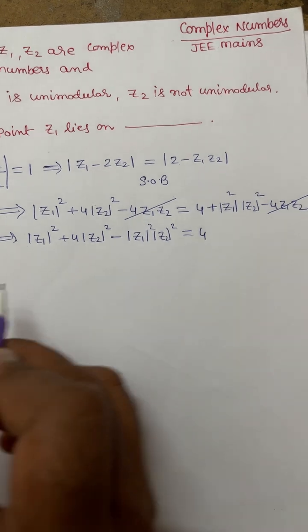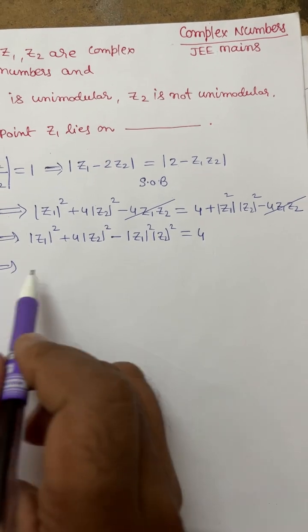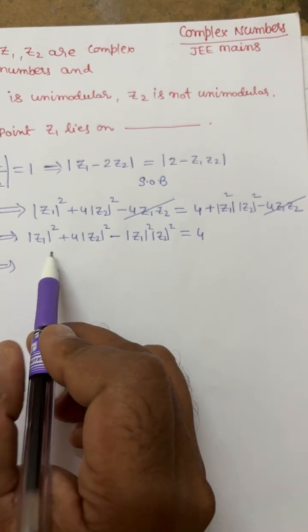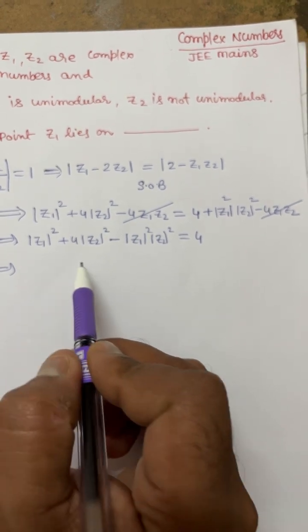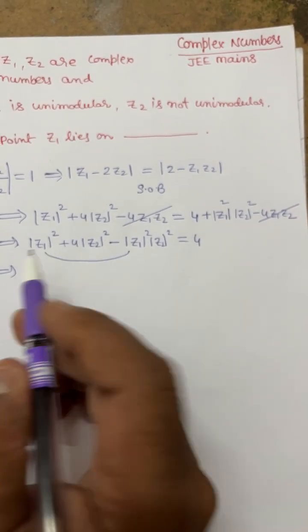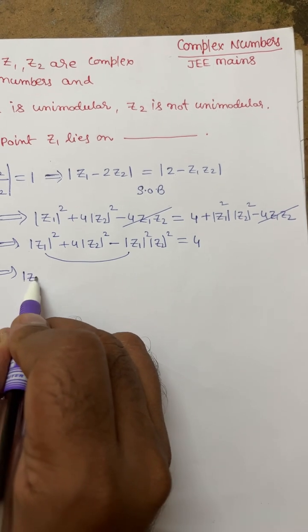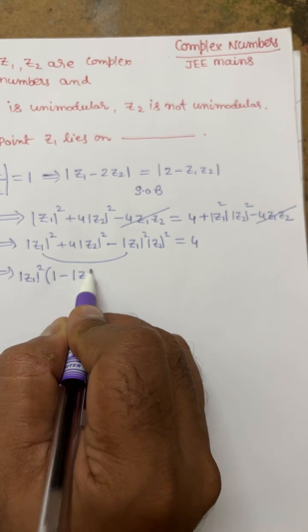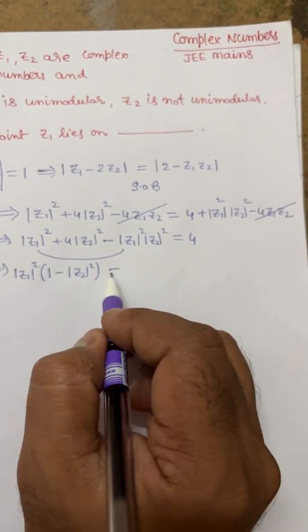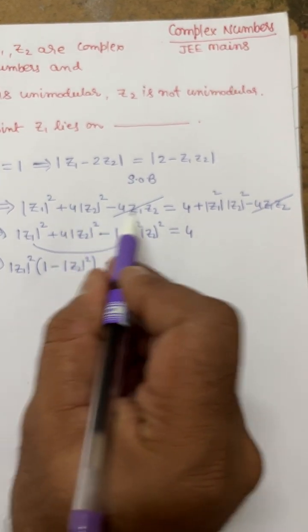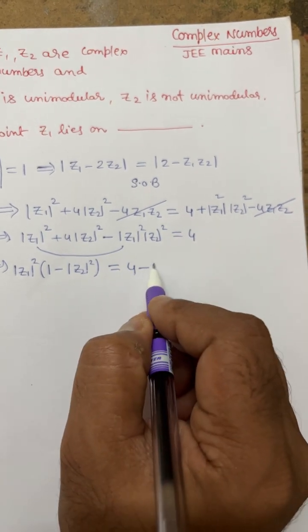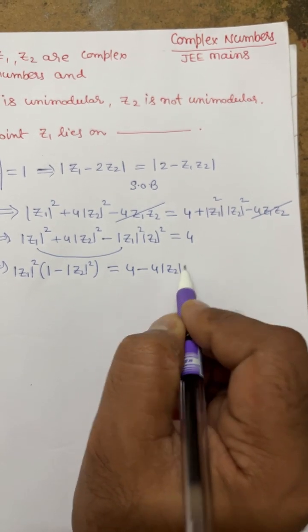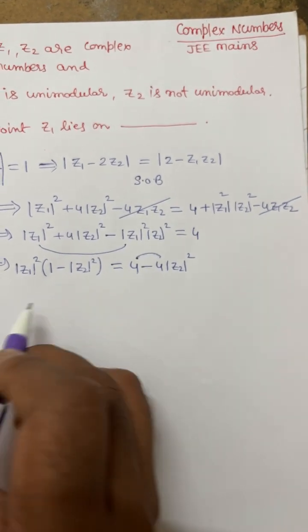So what I am going to do is take mod z1 square common from these two, so 1 minus mod z2 square comes, which is equal to 4. This term we are bringing to this side, minus 4 mod z2 square. Even here, take 4 out common.